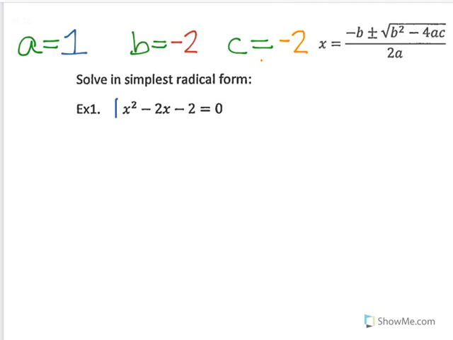Okay, so all we have to do is substitute into this formula. So we start with x equals, and there's a negative in our formula, right? But there's also a negative in our b. So if I write negative negative, that's going to simplify to a positive.